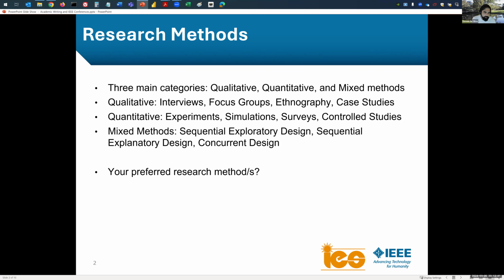But we don't consider the after effects or the challenges of what happens when we implement this model in society, in an organization, and humans start using this. So that's the qual research.